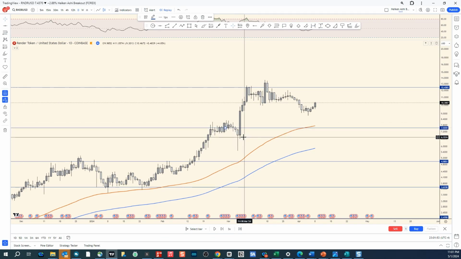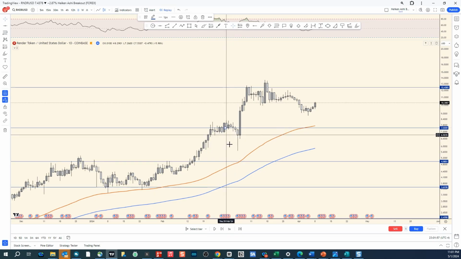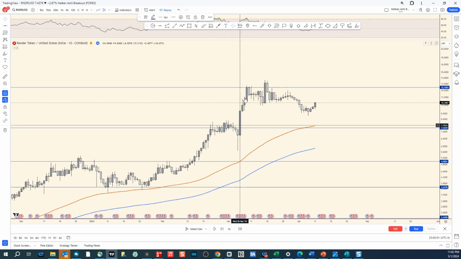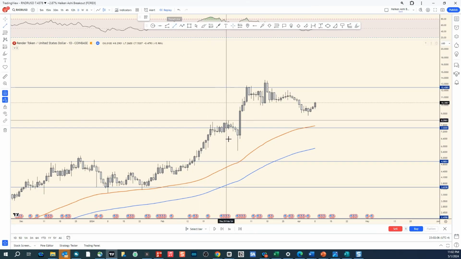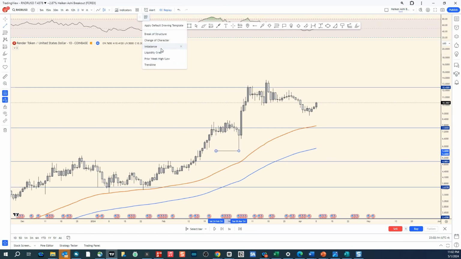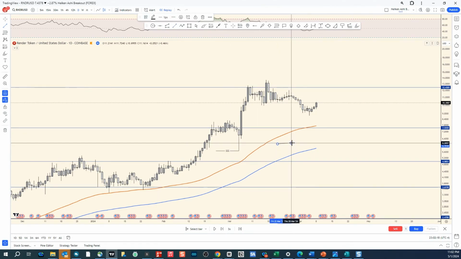Here, you see this long wick down, gathered all of these stop losses, these lows here, and then boom, rocket ship up. So we're going to mark that out right here. I usually like to mark that, and I have a trend line tool that I'm using, and we just mark it as such. Okay, that's the second prerequisite.